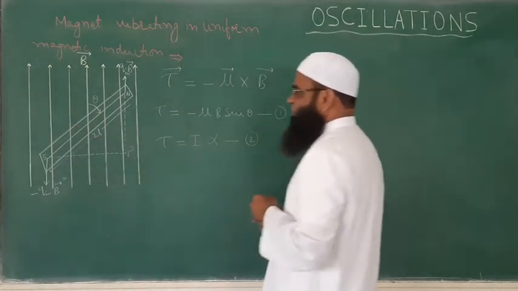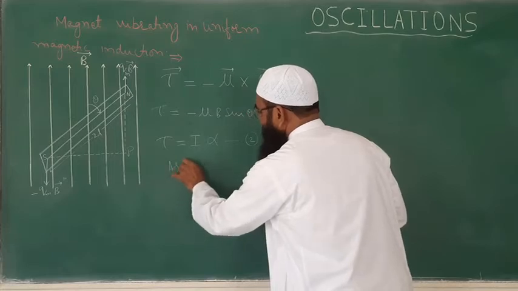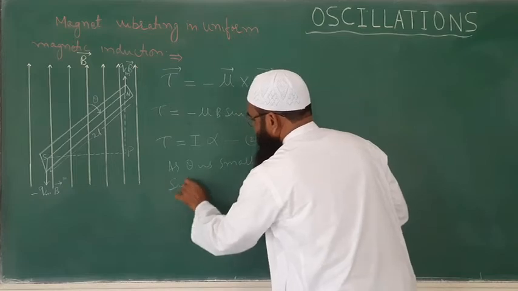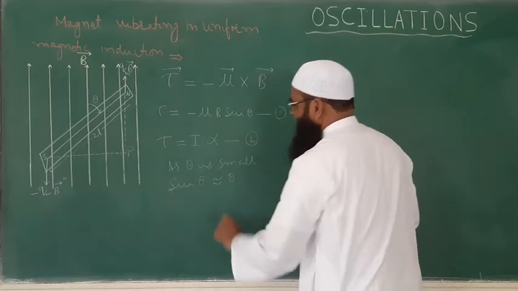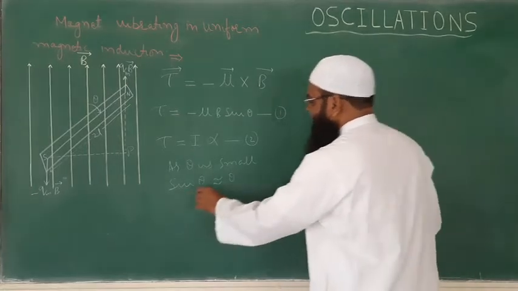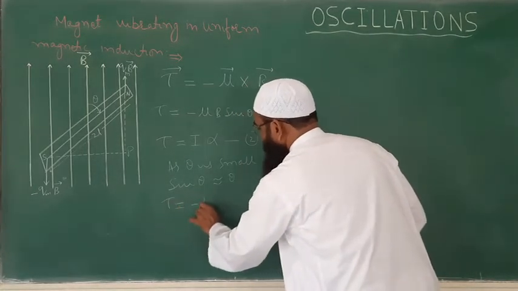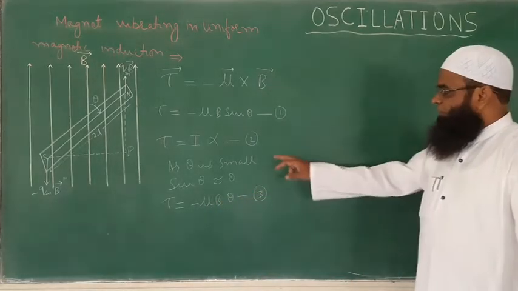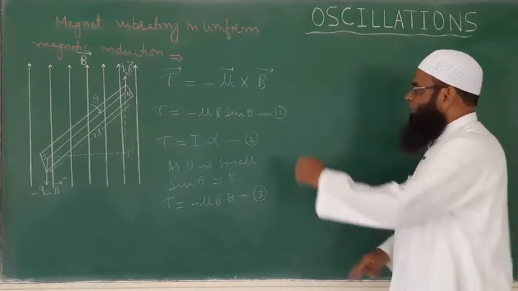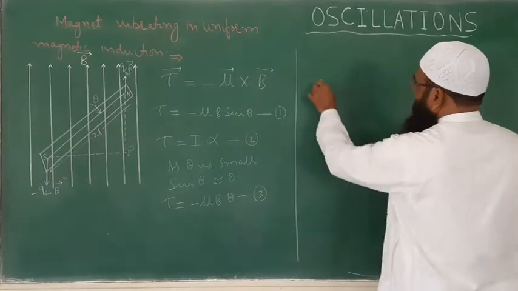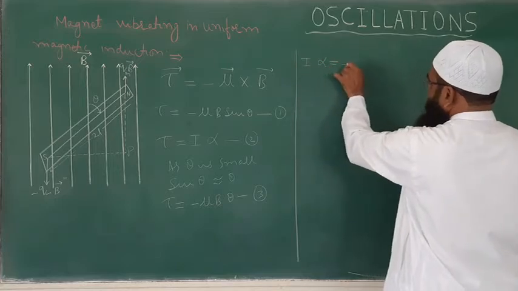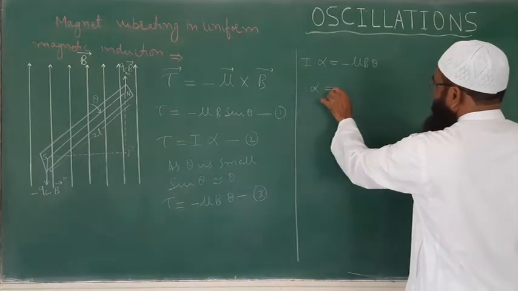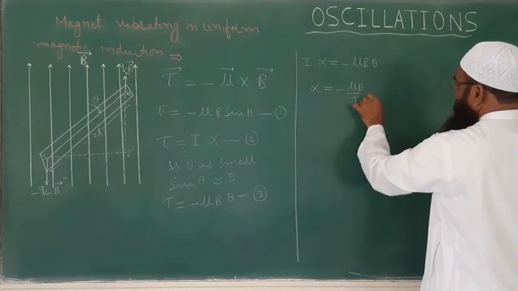As we have assumed theta is small, sin theta is approximately equal to theta. So in equation 1, substituting this value, torque is equal to minus mu B theta. Equation number 3. Comparing equations 2 and 3, I alpha is equal to minus mu B theta. Therefore alpha is equal to minus mu B upon I theta. Equation 4.